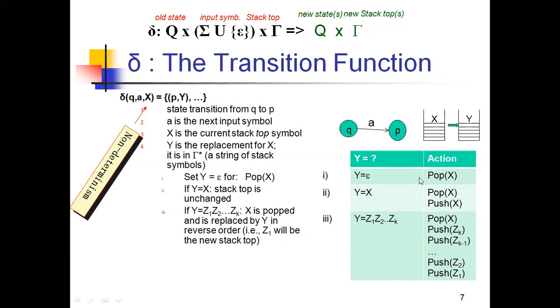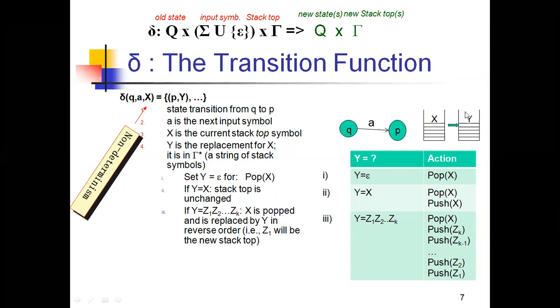Right. See here with the example I'm showing you. State q goes to state p on input a. This is a stack for x and this is a stack for y. Both are tops of the stacks, and both are stack alphabets. Now y initially is epsilon, which means you need to pop x.